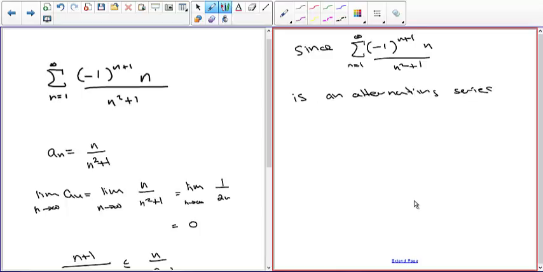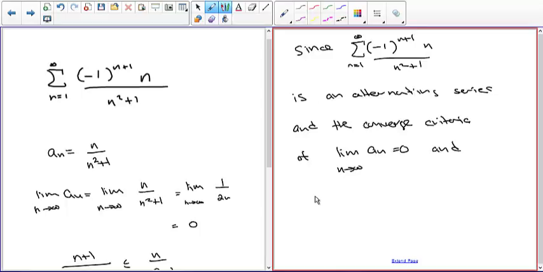Okay, since this is an alternating series, and the convergence criteria of the limit of a sub n as n goes to infinity equals 0, and that a sub n plus 1 is always less than or equal to a sub n are met, the series converges.